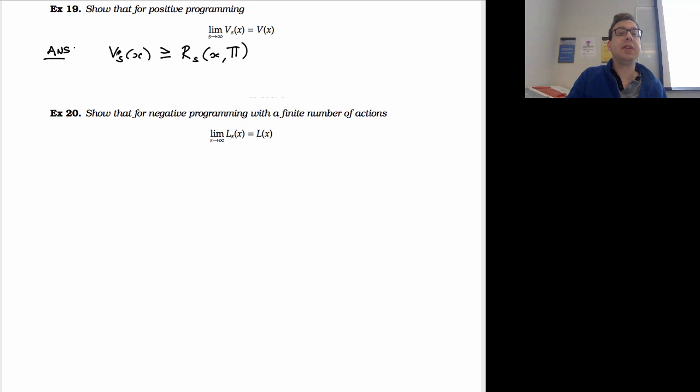Now let's just take the limit on both sides. If I take the limit as s goes to infinity, this is going to go to the limit of Vs of x, and this is going to go to the reward function for that policy over all time.